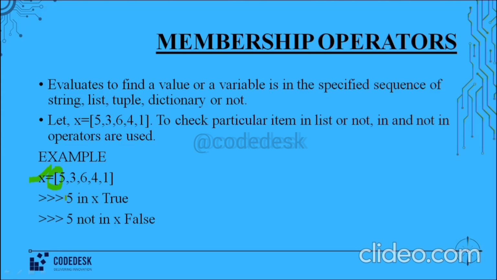The name of the list is X, 5 in X. The value 5 is present in the X list, so it will be written true. If 5 is not in X, since the 5 is already present in the list, this condition will be written as false as output.